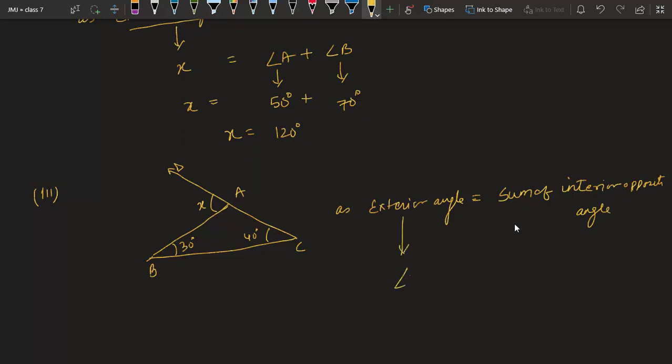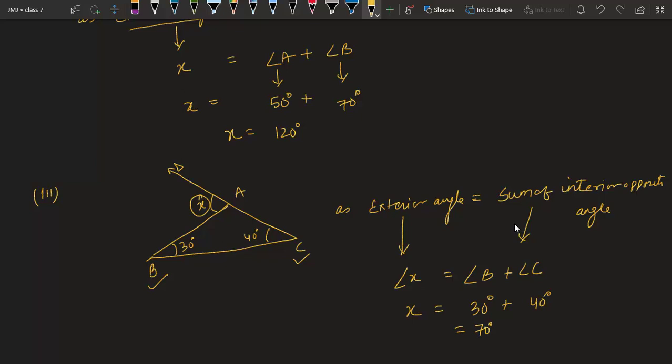Exterior angle x is equal to sum of interior angles. For this exterior angle, you can see this B and this C are the interior opposite angles. So angle B plus angle C, that means x is equal to B is 30 degree plus C is 40 degree, and the answer is 70 degree.